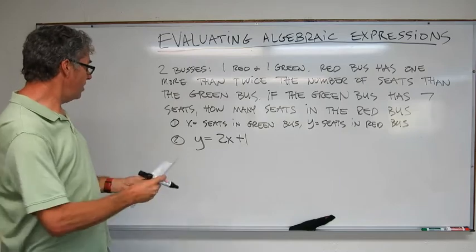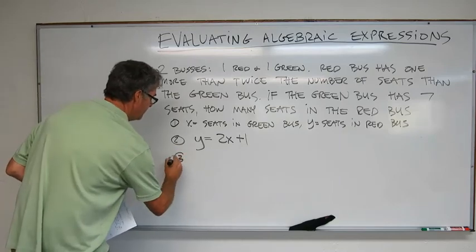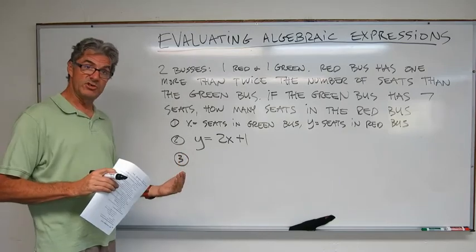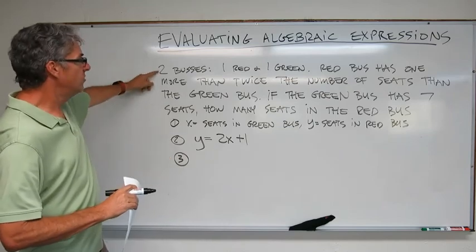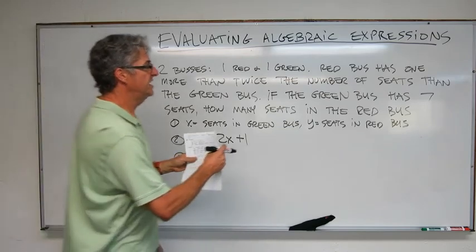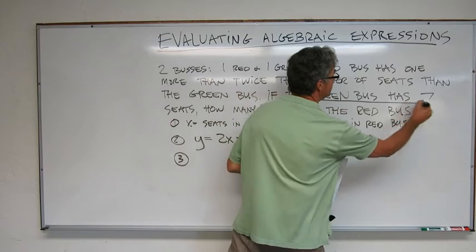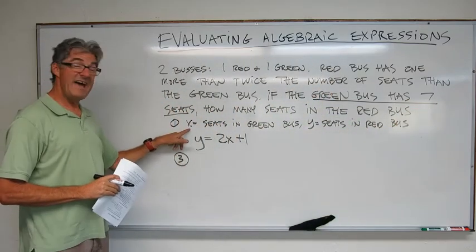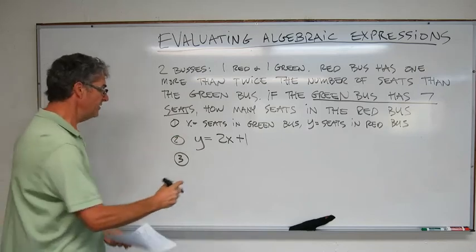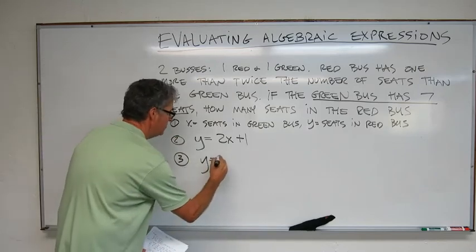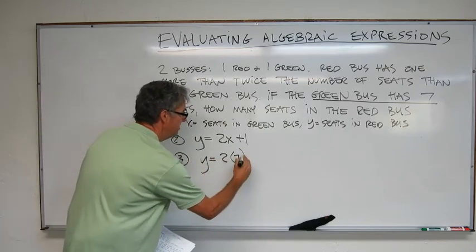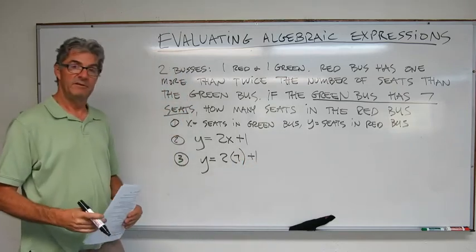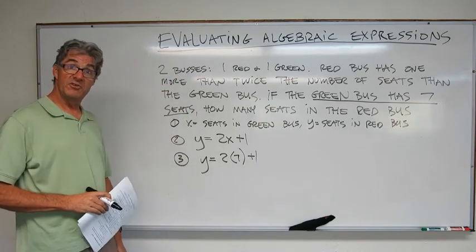Now we can solve our equation, step 3, and we're going to use substitution to plug it in, because if you look at the word problem here, this says the green bus has 7 seats. So we know what X is. So now we can do a plug-in step. Y equals 2 times 7 plus 1. Sweet. Now all I have to do is solve this.